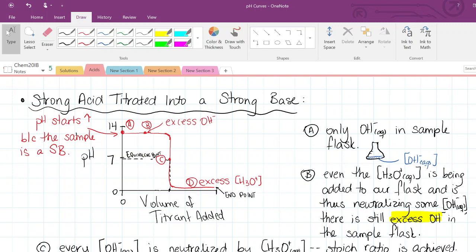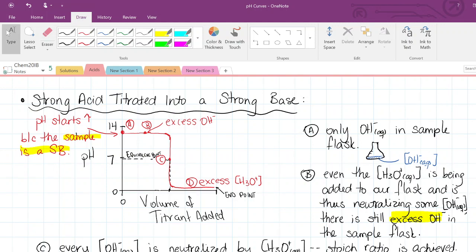Because this first starting point is very, very high, this starting point tells me that our sample is a strong base. When I read this graph, whatever was in that Erlenmeyer flask had to be a strong base.